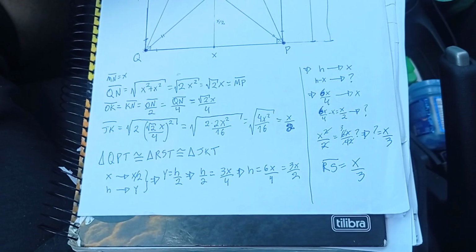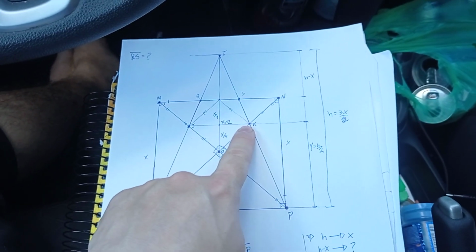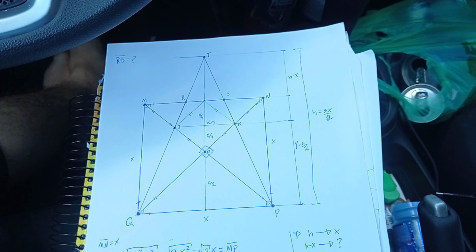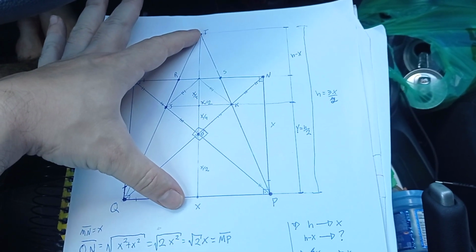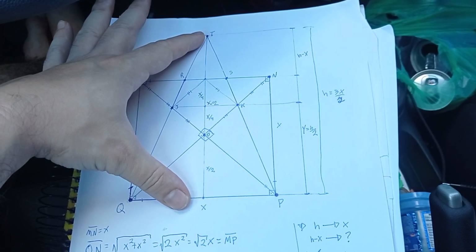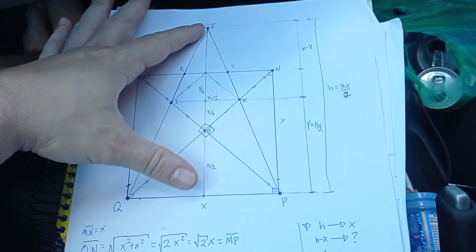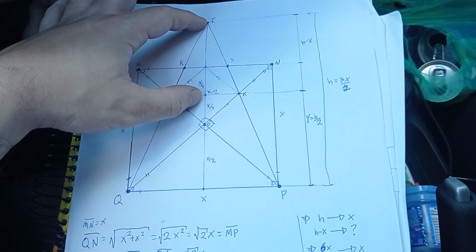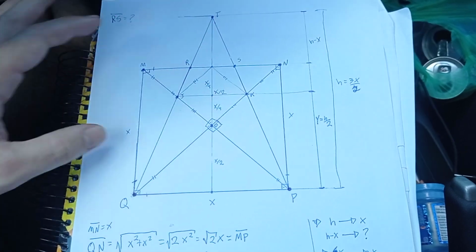So this means that QP and JK are proportional to each other in the same way as the height of the big triangle is proportional to the height of the smaller triangle, JKT.